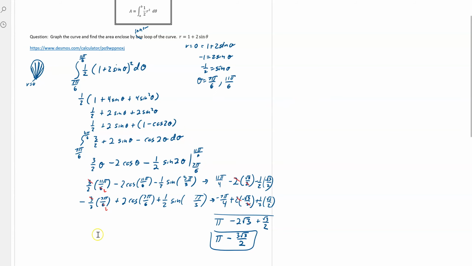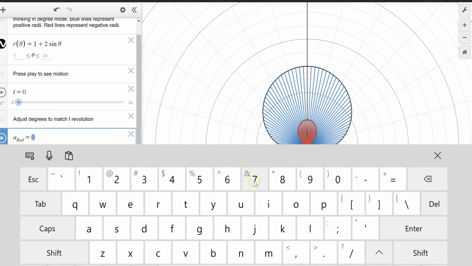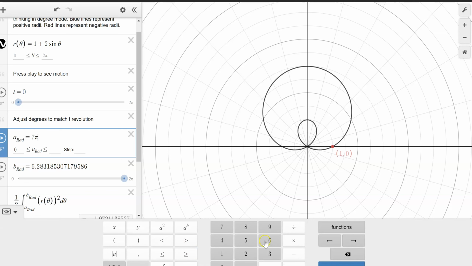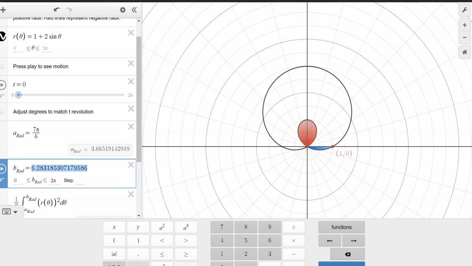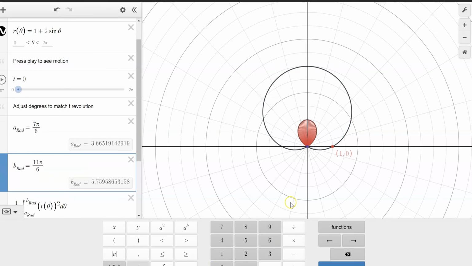So again, we're looking from 0 to 0 on this problem. So if we check those numbers that we found, which we haven't yet, it would be 7 pi divided by 6, and then to 11 pi divided by 6. So you do want to plug them in, and you can see it shaded it perfectly.